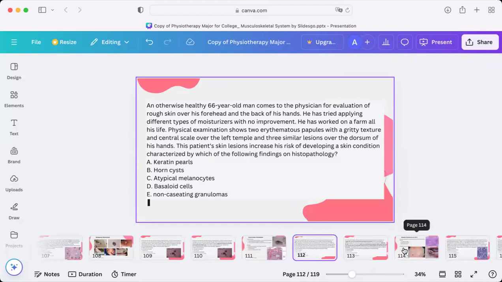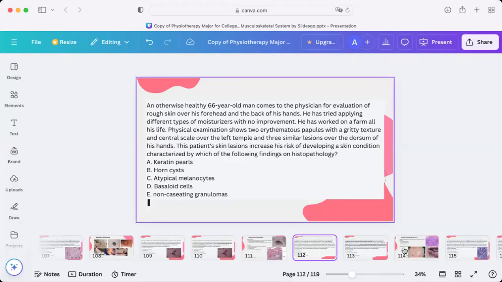We have a 66-year-old man that comes to the physician for evaluating rough skin on his forehead and the back of his hands. He tried applying different types of moisturizers with no improvement. He worked on his farm all his life. Physical examination shows 2 erythematous papules with gritty texture and central scale over the left temple and 3 similar lesions on the dorsum of his hand. This patient's skin lesion increased the risk of developing a skin condition characterized by which of the following on histopathology, guys?